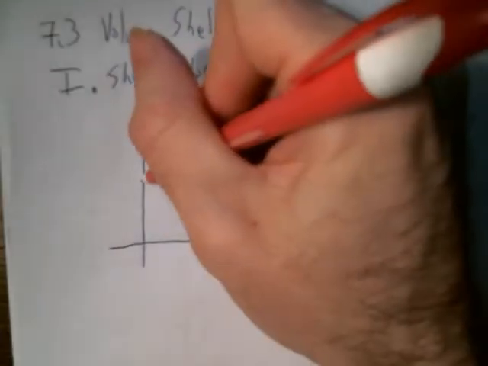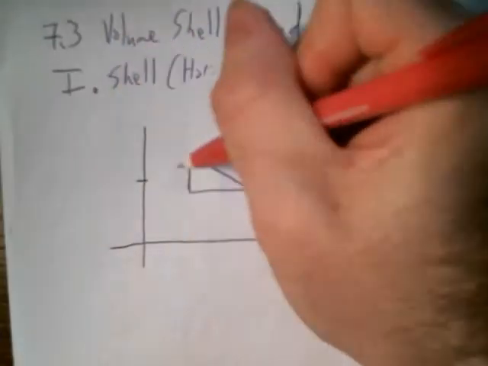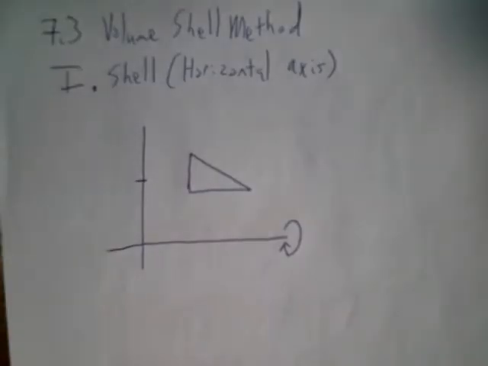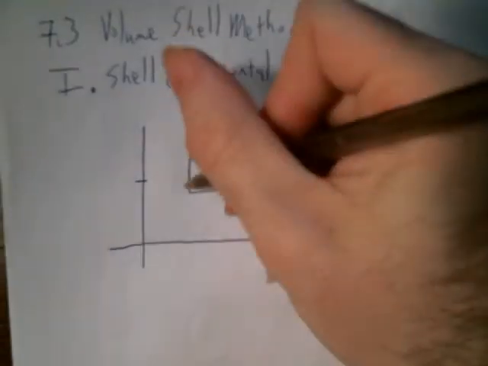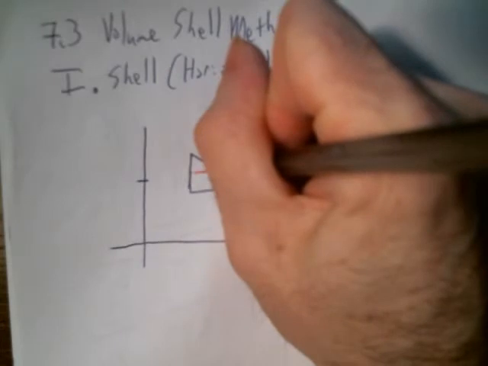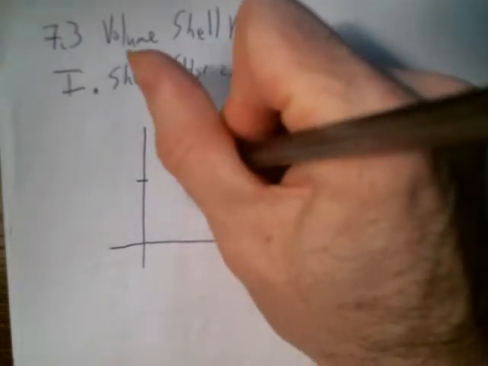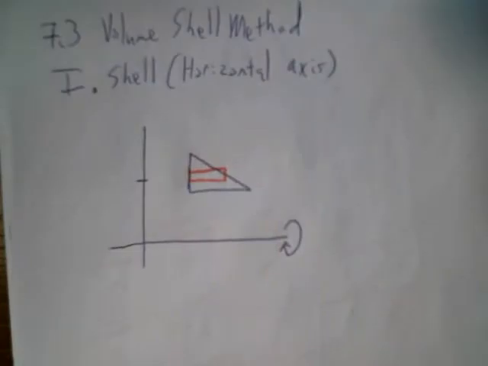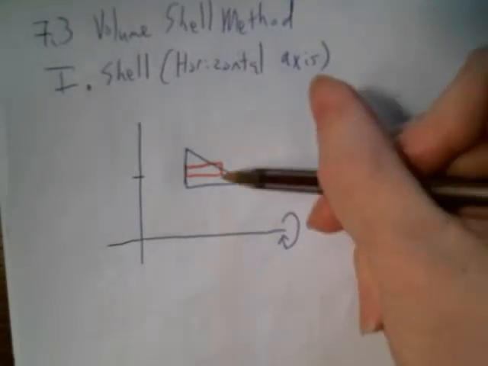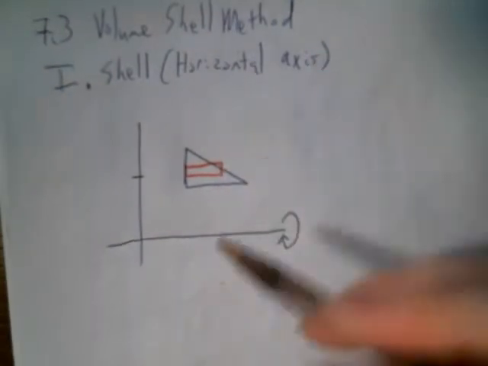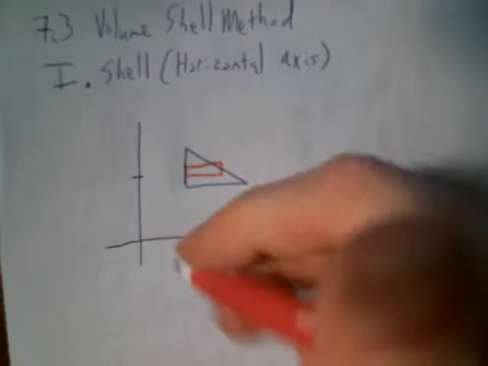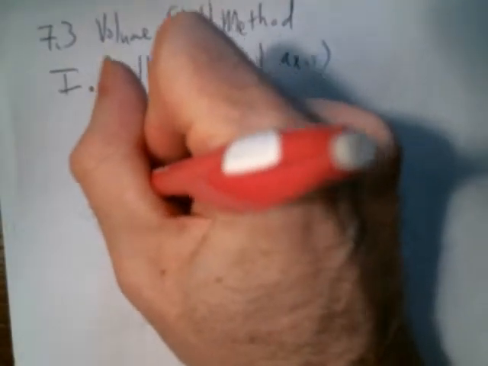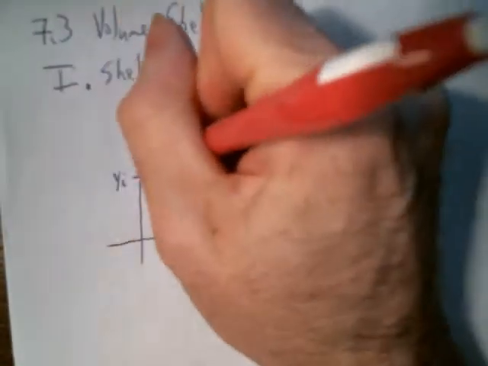And for this kind of rotation, the rectangle is going to be parallel sort of to the axis of rotation. Okay, so it's this thing that's being rotated about. So in particular, it'll be located at some position y sub i.